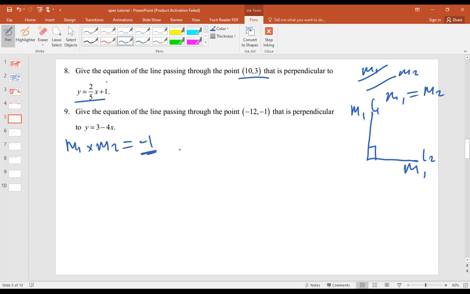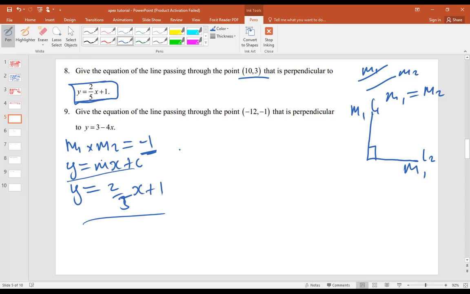So let us find the gradient of this line first. This line is already arranged in the format mx plus c, so when I write this line, it's just going to be y is equal to 2/5 x plus 1. If you compare this equation and the general equation, you discover that the gradient m is simply 2/5.